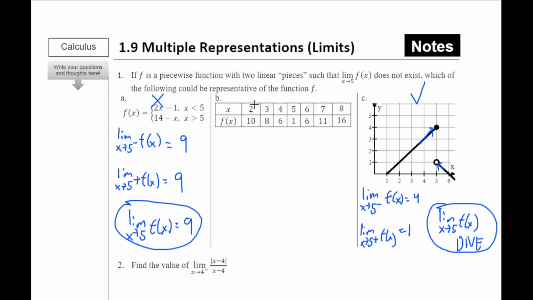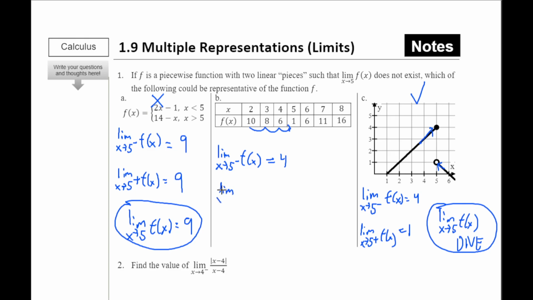As x is approaching 5 from the left, this one's a little trickier. It's not exactly easy to tell. As you approach 5 from the left, from 2 to 3 you're dropping by 2, and if you assume the same pattern, from 3 to 4 dropping by 2, 4 to 5 dropping by 2, it should be approaching 4. Again, we don't care what it is at 5, we care about the behavior when it's approaching.